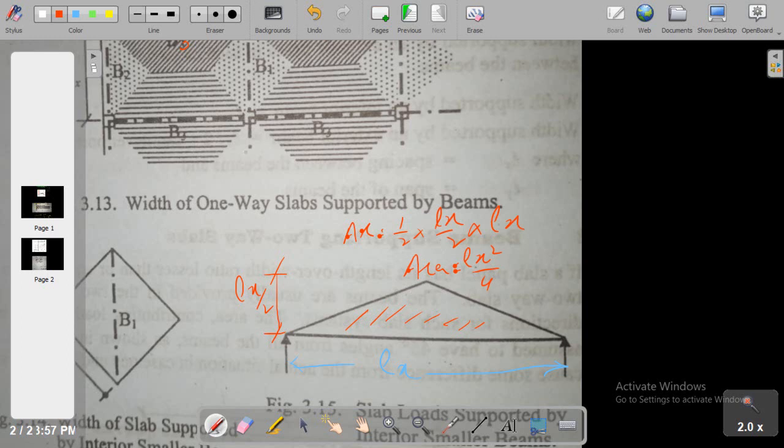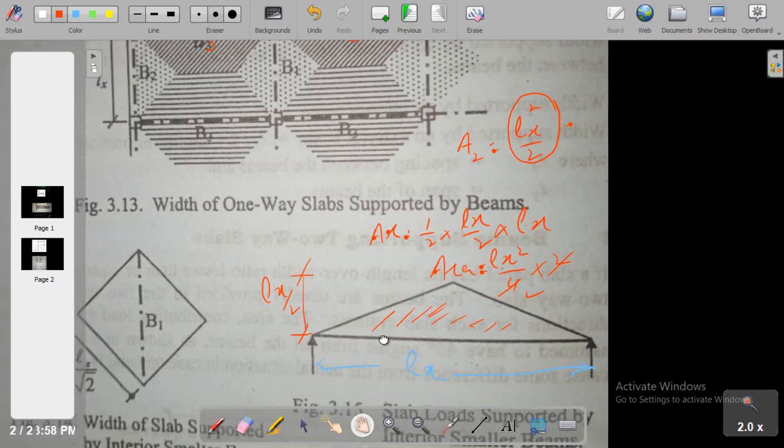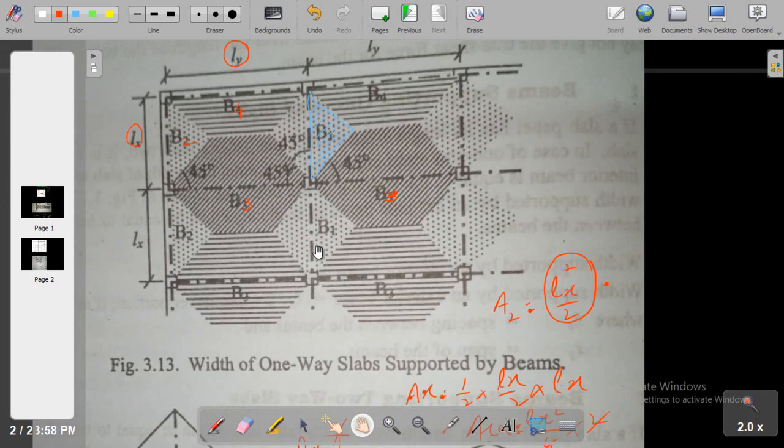But this is important: in this beam B1 we have two triangles, so we multiply this by 2, which cancels with the 2, so the area of two triangles will be Lx square divided by 2. We will multiply this area if we want to find the load on this beam B1.